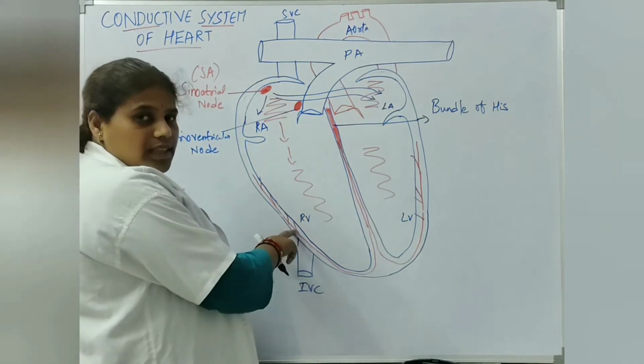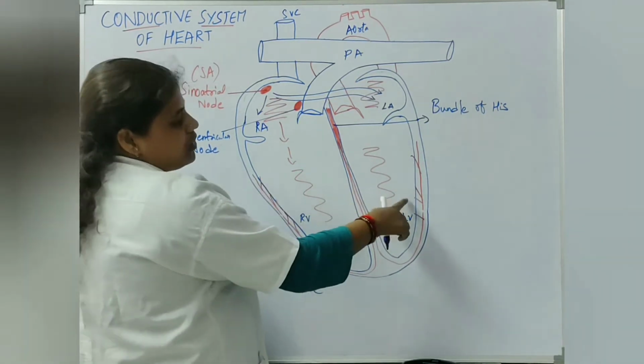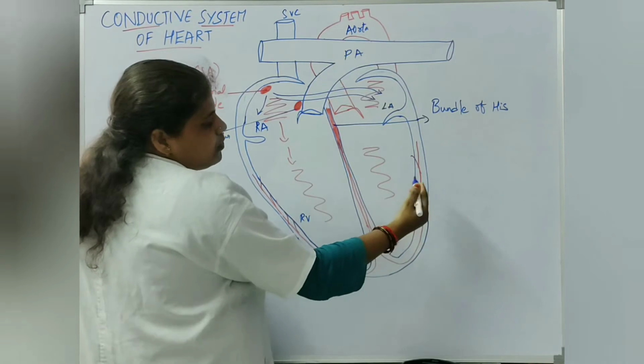Now these branches again have small branches. These are known as the Purkinje fibers.